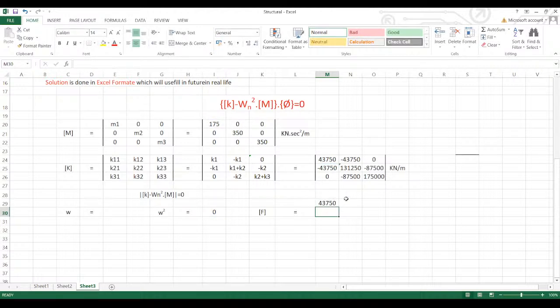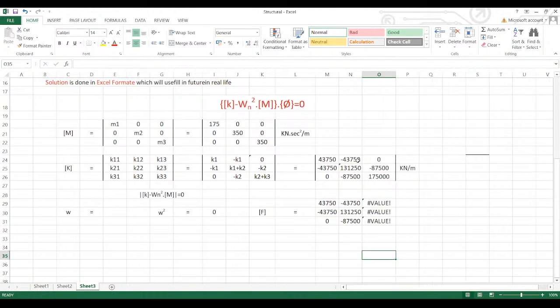That is 433, and similarly calculate this and calculate this one using this. Why is it not happening? Wait. There may be, I think, a fault.